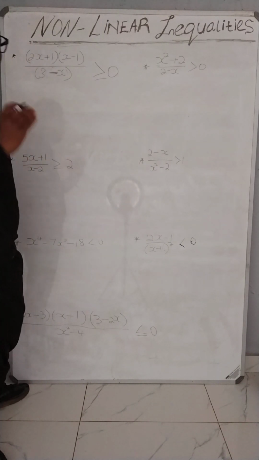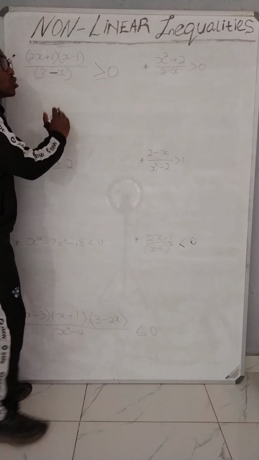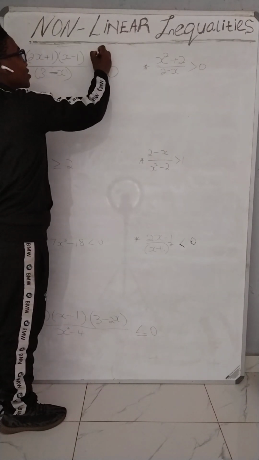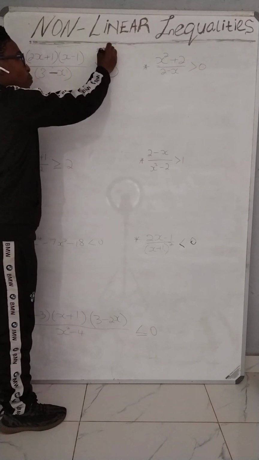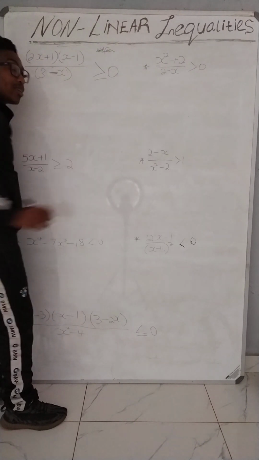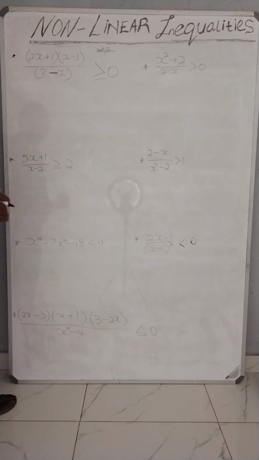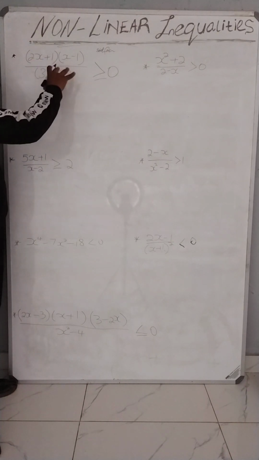As long as you have a 0 on one side, your expression or equation is in standard form. Then the following step will be to factorize.